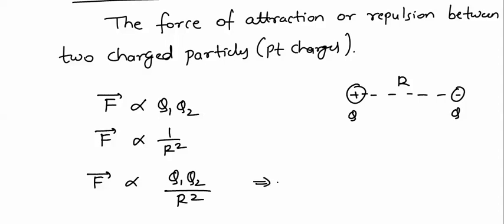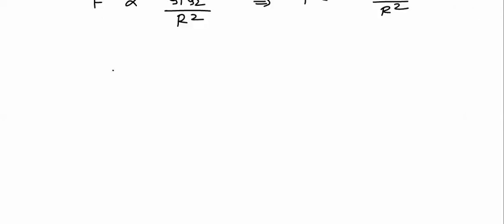To remove the proportionality constant, we get F vector equals k into q1 q2 by r square, where k is 1 by 4 pi epsilon naught, and epsilon naught is called the permittivity of free space.